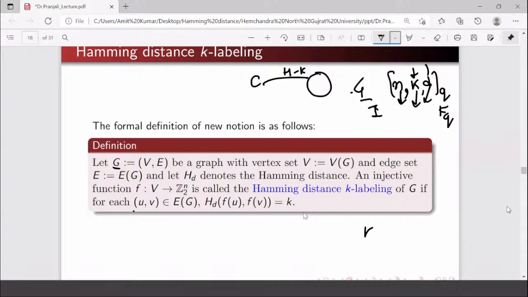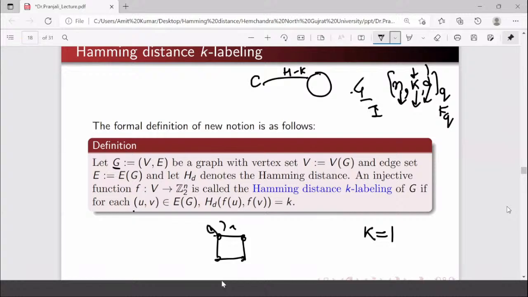If k is equal to 1, then I label my graph so that for every adjacent pair, after labeling, the Hamming distance is 1.